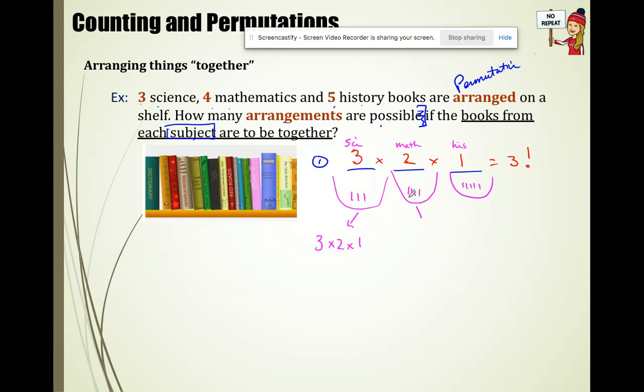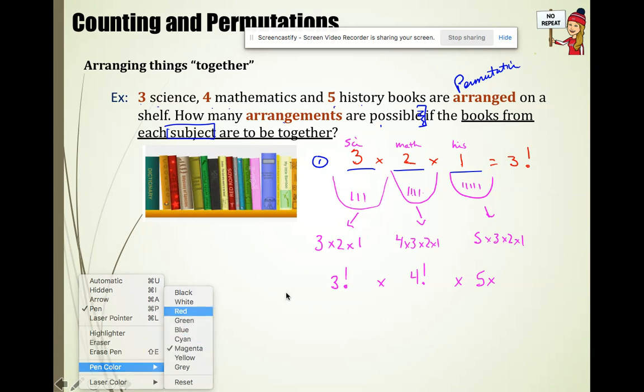How about this one? If I have 1, 2, 3, 4, and how about this one? So I have all these purples, 3 factorial has to be multiplied times 4 factorial has to be multiplied times 5 factorial, and all of those have to be multiplied by what?